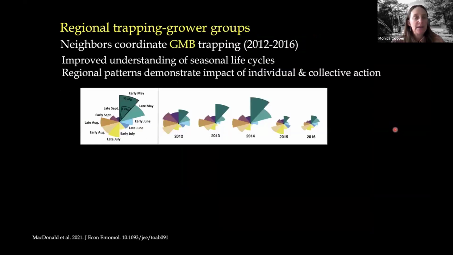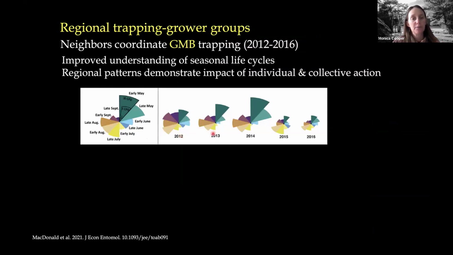And the other thing that we did with the advent of the pheromone-baited traps is that for grape mealybug, we had neighborhood trapping programs. So basically, this was because neighbors were worried about whether leaf roll disease was spreading in their neighborhood, and they wanted to coordinate their actions. And so the neighbors were putting out traps, and then they were sharing that information.